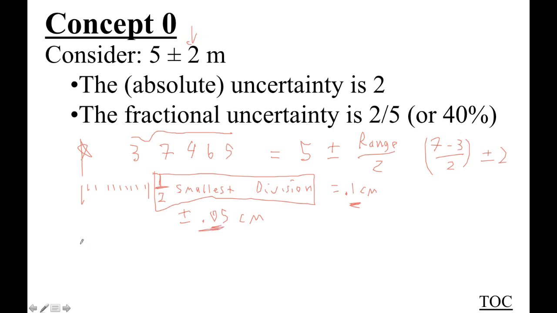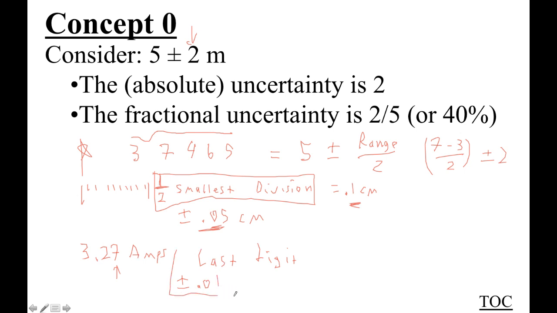Let's suppose you had an ammeter and it was 3.27 amps, okay? IB wants us to take the last digit. So you could also take the last digit of a digital display, right? So this guy would be plus or minus 0.01, because the hundredths place is the last digit, okay?